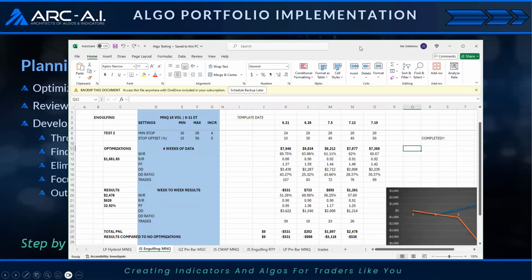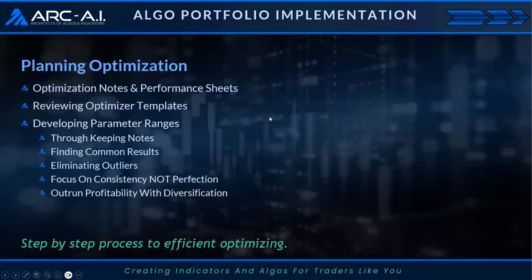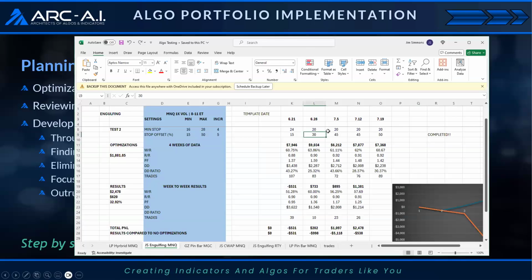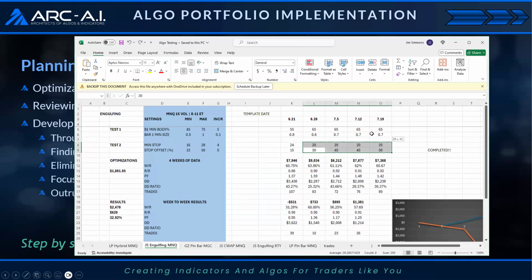Again, avoiding over optimizing, not getting too far out there to where you're just way out in the clouds trying to come up with something that's kind of like Frankenstein. You'll find those common results, right? Like we go into that strategy and we're going to see, what are our common results? We're kind of living in here.